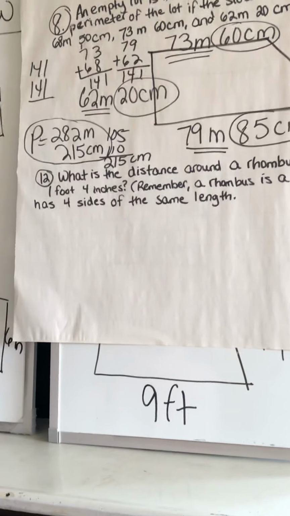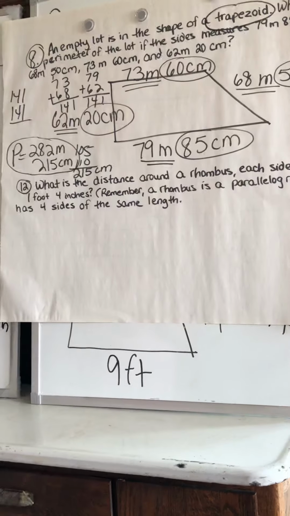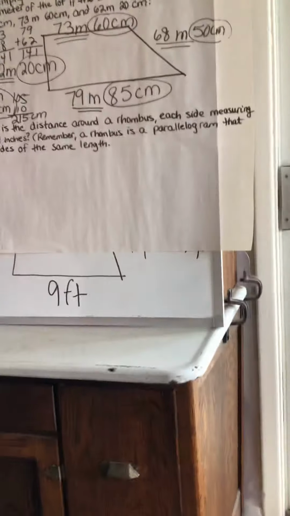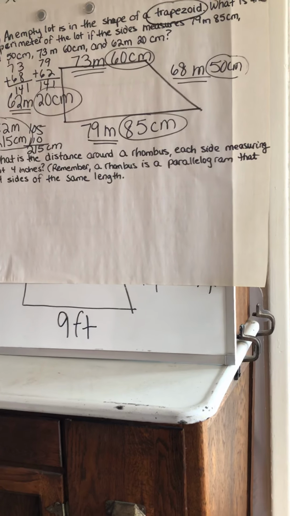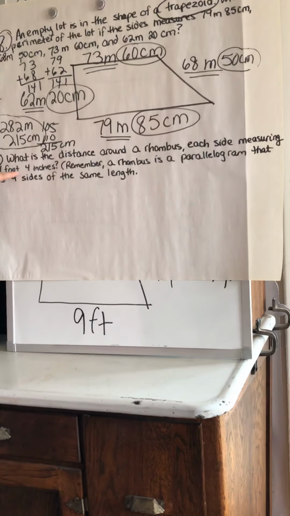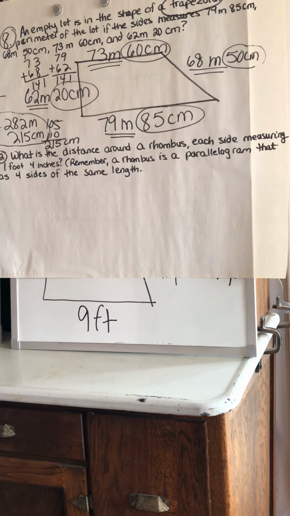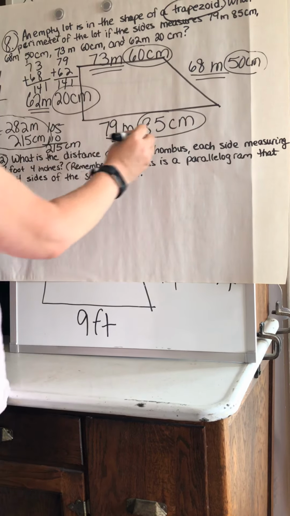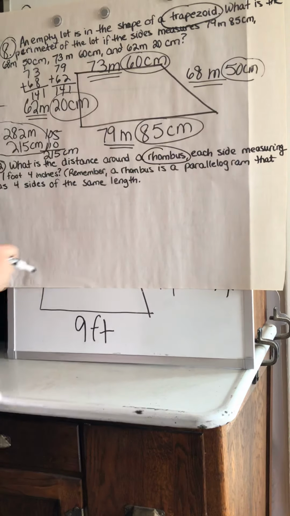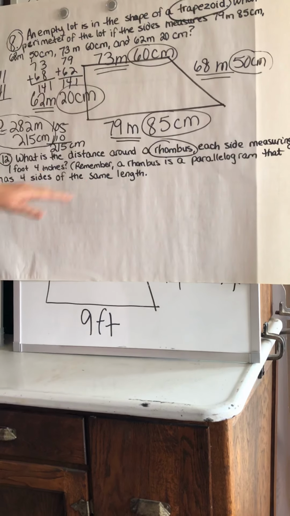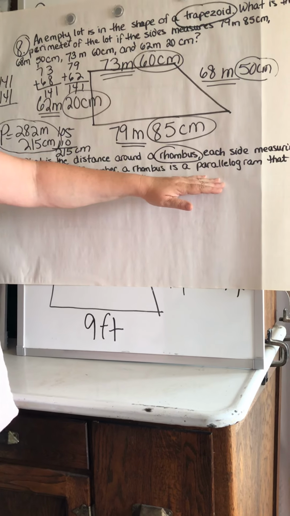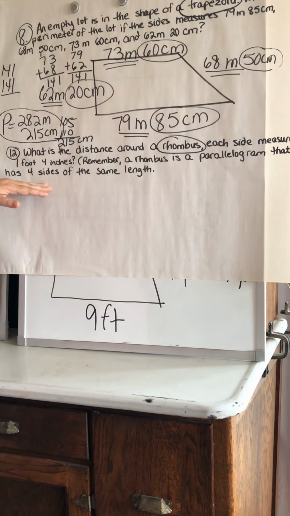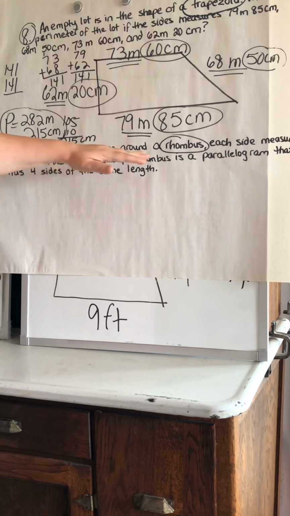All right. Now, number 12. Number 12 says, what is the distance around a rhombus? And it says, each side measuring 1 foot 4 inches. So what is a rhombus? Remember, a rhombus is a parallelogram that has 4 sides of the same length.